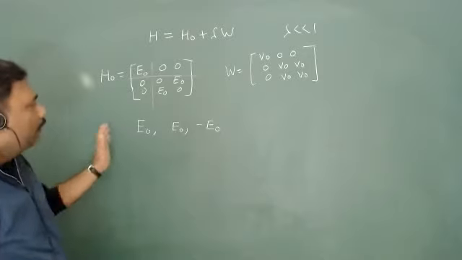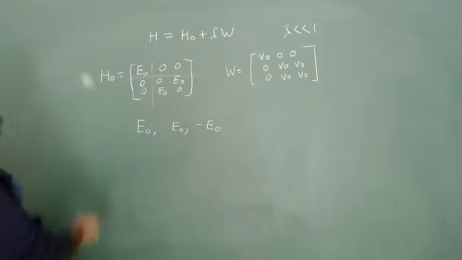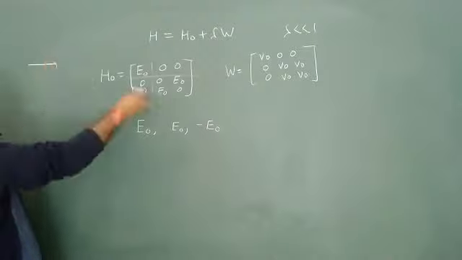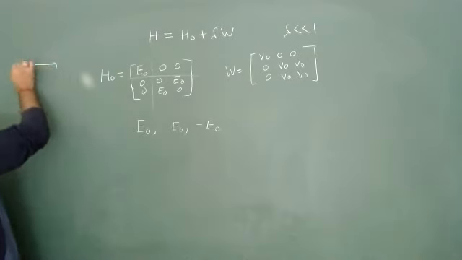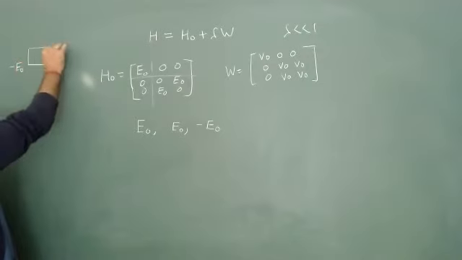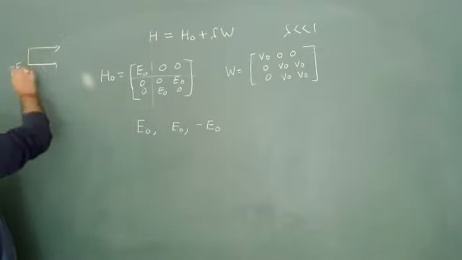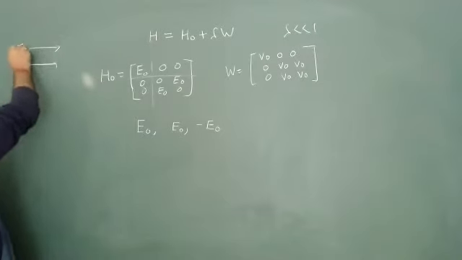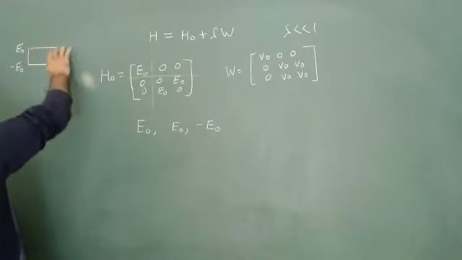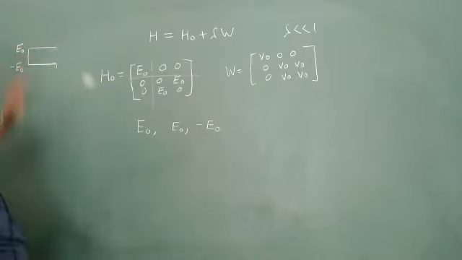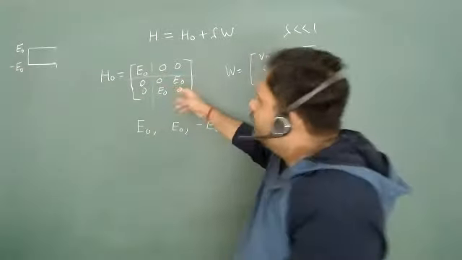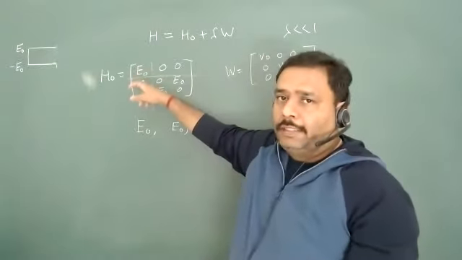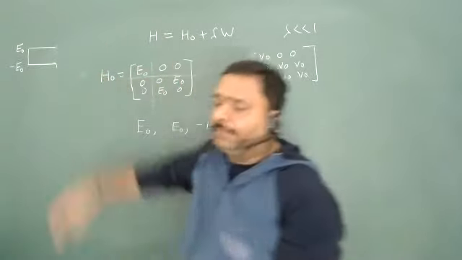Let's say E naught is some positive number, then this is my ground state, and there will be the next excited state. So I can see only these two things, one ground state and one excited state. But actually, the whole original Hamiltonian is 3 cross 3. So obviously some information is hiding behind that.